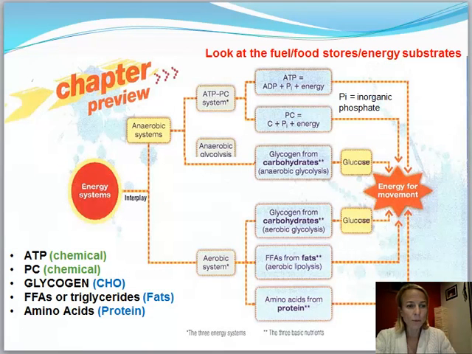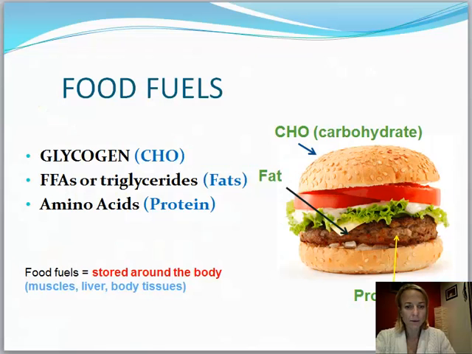Looking more specifically at each of these food fuels, because each of them offers energy at different rates. First of all, we'll look at glycogen, fats and protein. Protein is only used in extreme circumstances.